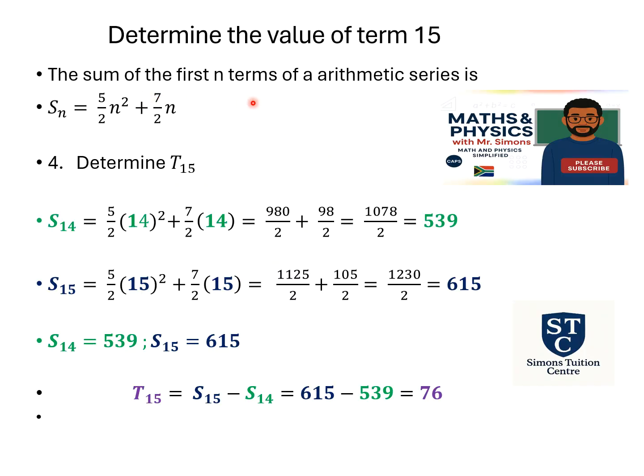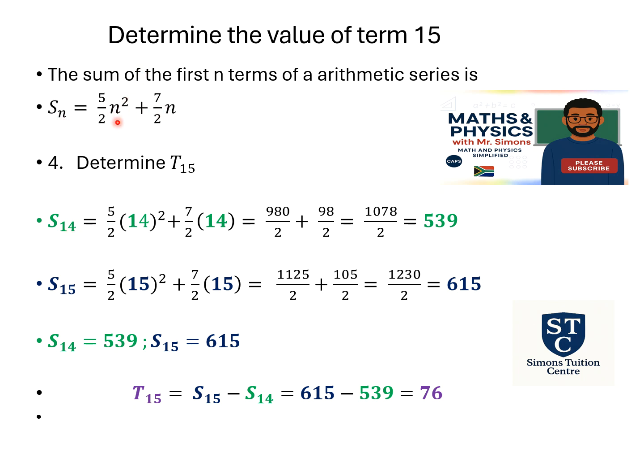Alright, the sum of the first n terms of an arithmetic series is that. So instead of giving you what we did previously, I can ask it all in one go and say determine term 15. So I need to know term 15 would equal the sum of 15 terms minus the sum of 14 terms. So the sum of 14 terms, wherever n is, I'm going to put 14.